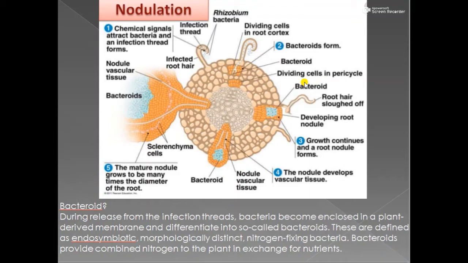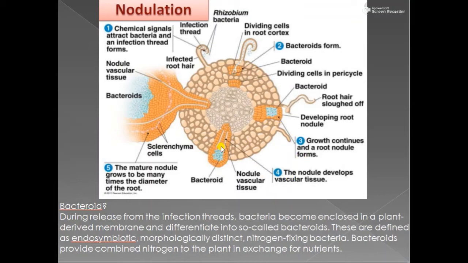The root cells surrounding the bacteroids rapidly divide, and sometimes even the root hair gets sloughed off from the infected cell. As the bacteroid-associated root cells rapidly multiply, growth continues and a root nodule is formed.